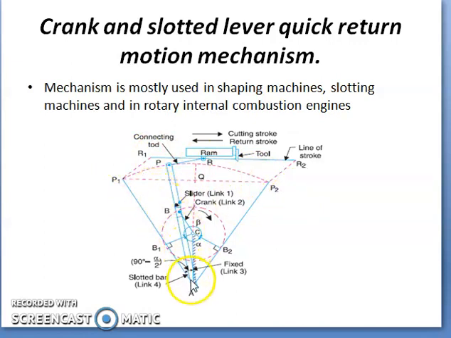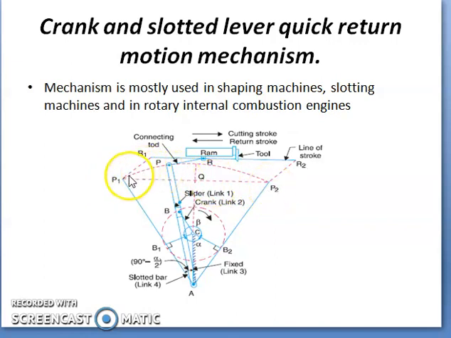Now what they generally do is they attach a link PR to the slotted bar, and to that the ram or the tool head is attached. Okay. So when the slotted bar is moving from one extreme position to another extreme position, we get the stroke.